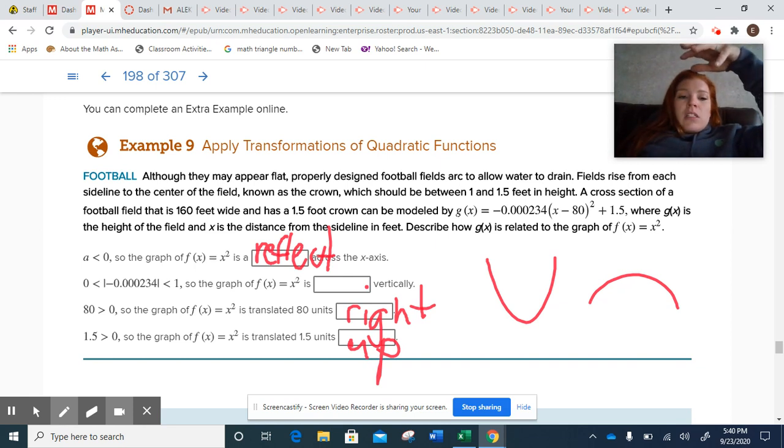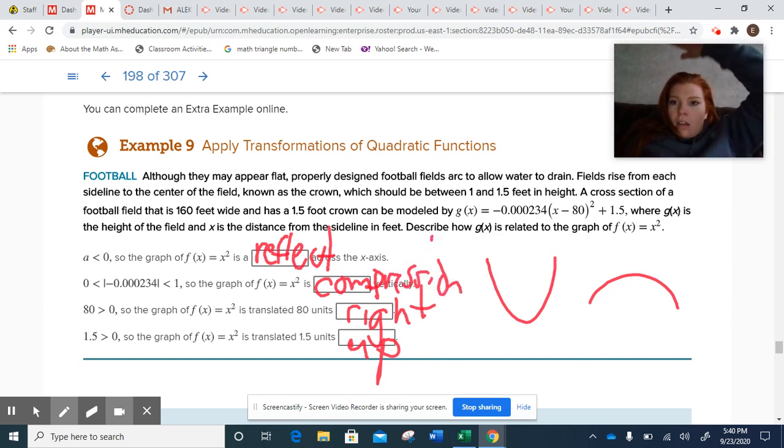If it's a number between 0 and 1, like a fraction, we would compress it down to make it really flat. So it is a compression. You can think about it like pressing here in the middle, flattening it out.